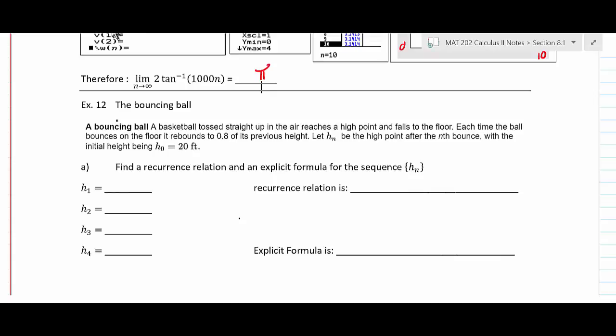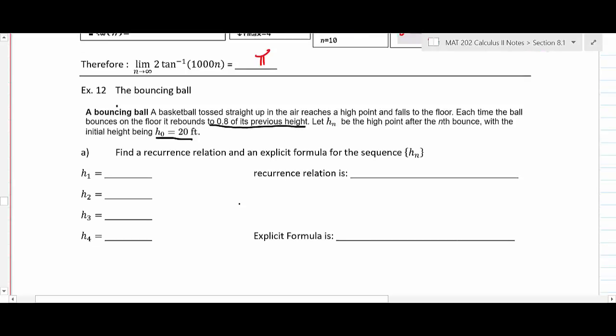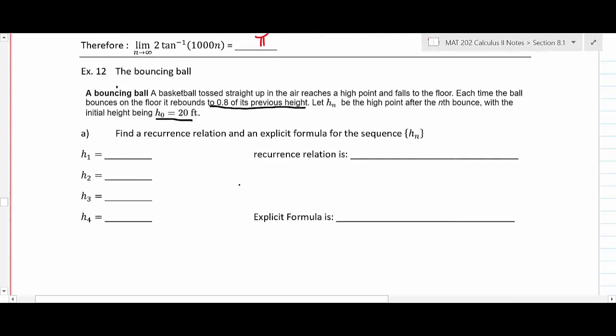So what this problem is saying is that each time the ball bounces off the floor, it rebounds to 0.8, or 80%, of its height, okay? And the initial height is going to be 20 feet. So we're going to write a formula for this, and then generate the terms.